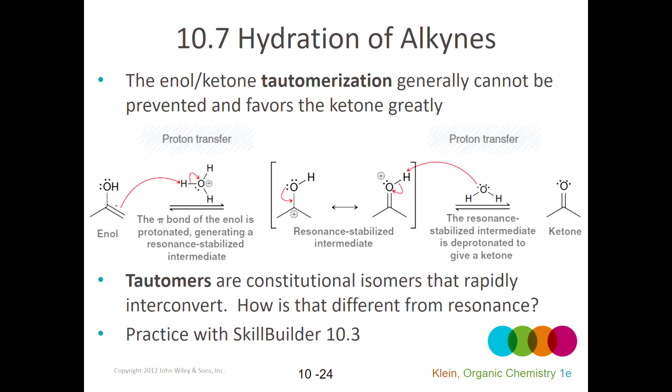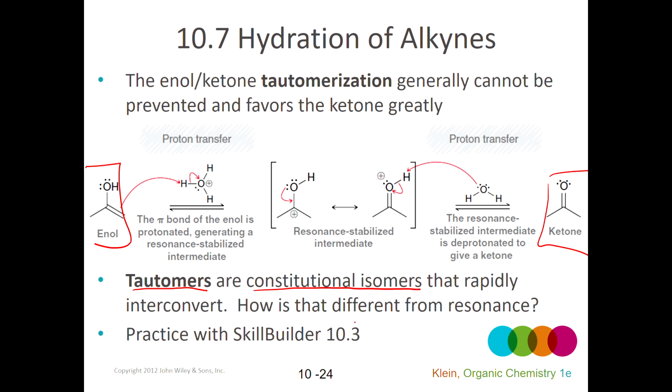The enol picks up a proton from the H3O+ to form this carbocation that's stabilized through resonance. And then a water molecule picks off this proton and I have a ketone. And so that equilibrium can shift back and forth. These two compounds are called tautomers because they're interconverting constitutional isomers.